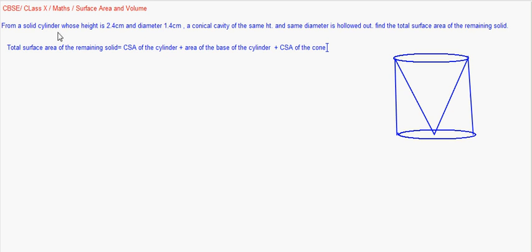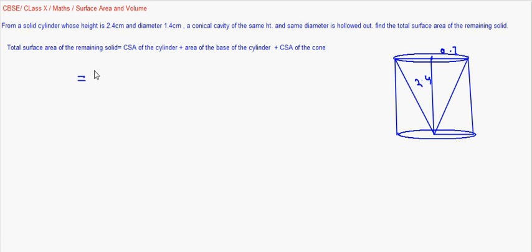Now the solid cylinder has a diameter 1.4. If I just draw the diameter, this becomes the radius. So 0.7 is the radius. This will be the height of the cylinder, which is given as 2.4 centimeter. So let us quickly substitute them in the formula.